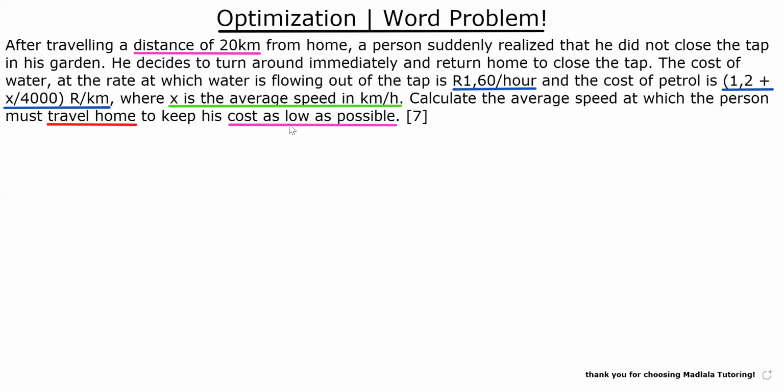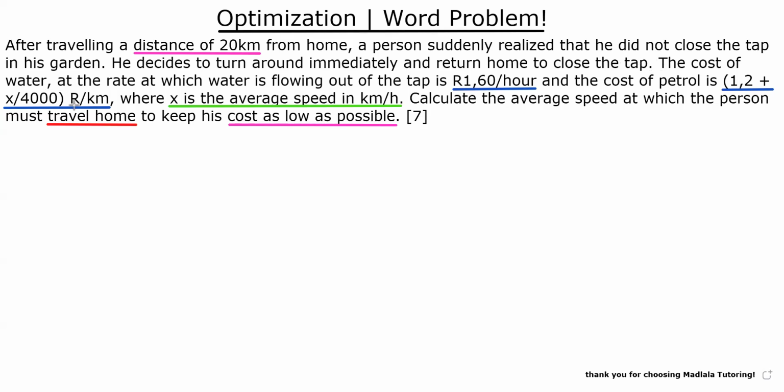So this is what they say to us in this case. After traveling a distance of 20 kilometers from home, a person suddenly realized that he didn't close the tap in his garden. So he decides to turn around immediately and return home to close the tap.